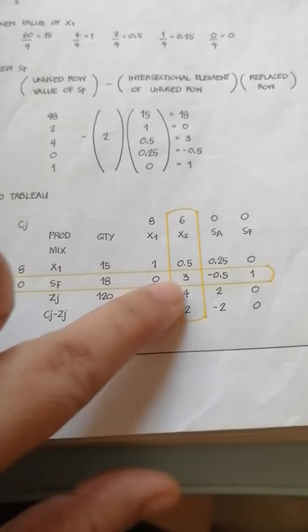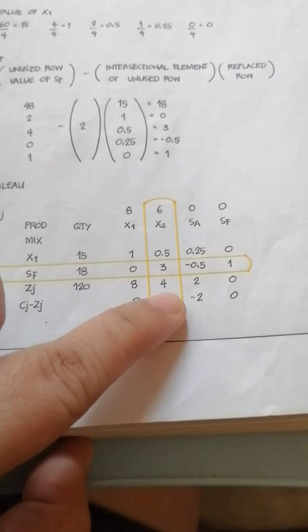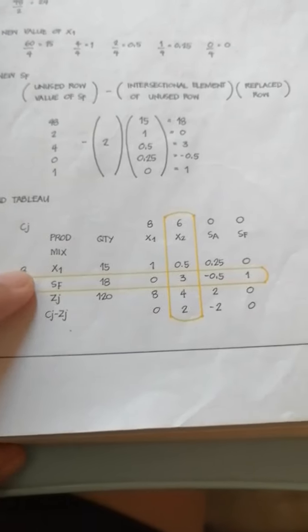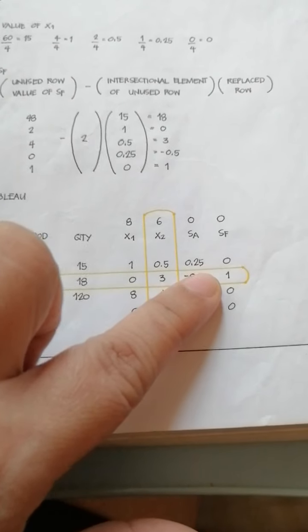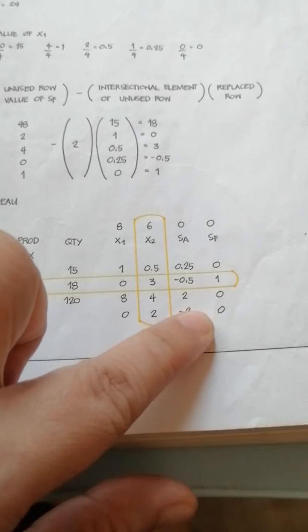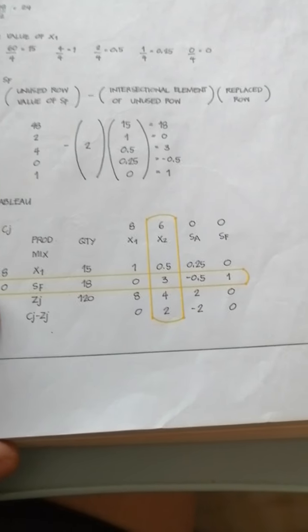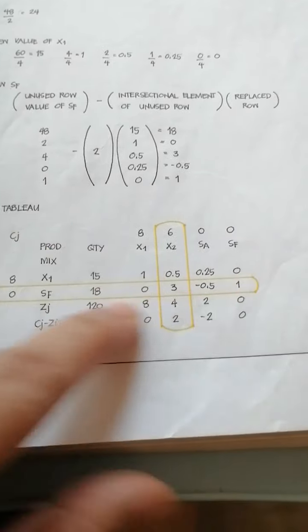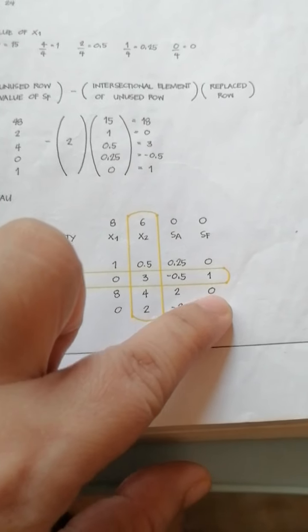And 8 times 0.5 plus 0 times 3 is 4. And then 8 times 0.25 plus 0 times negative 0.5 is 2. And the last one is 8 multiplied by 0 plus 0 multiplied by 1 is 0.